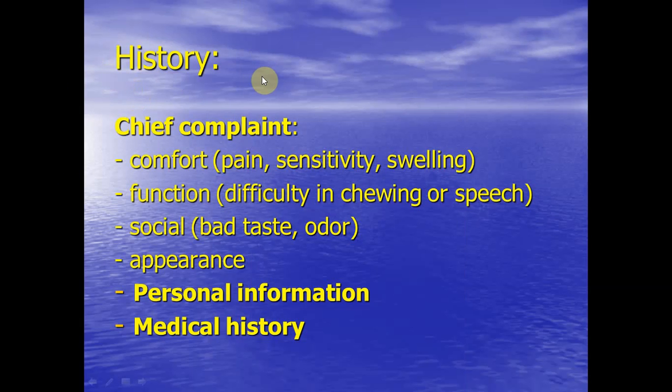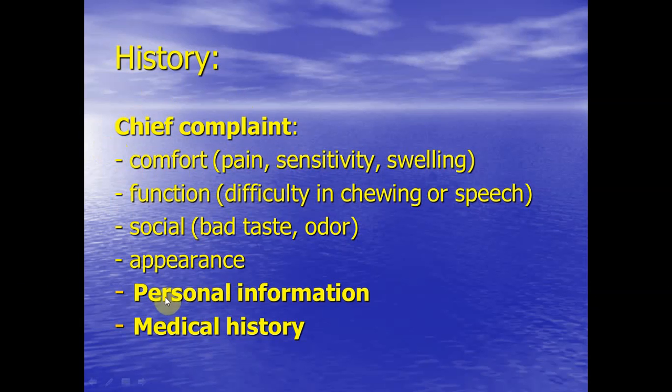Okay, let me remind you, in subjective examination we have history of disease or anamnesis, chief complaint, which could fall into these four groups: comfort, function, social, and appearance. Absolutely the same as we talked about in the second or third lecture.